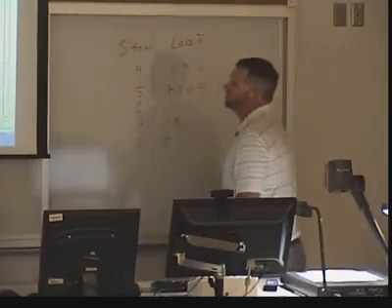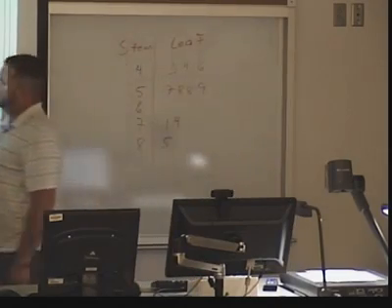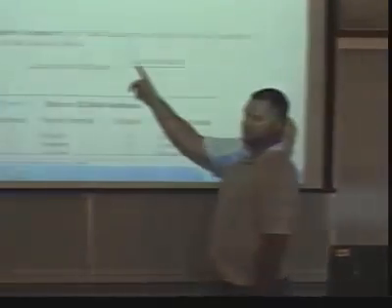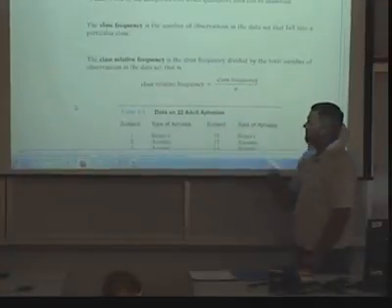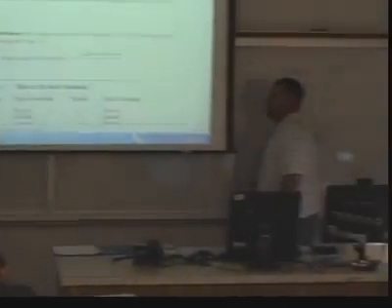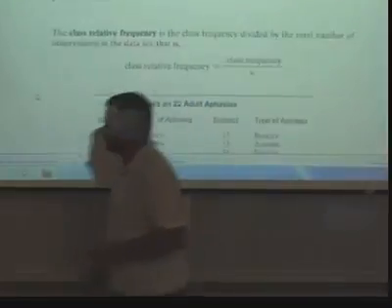Let's look at this formula. I'm asking for how many observations. What's the n value for that case? 50. What's the relative frequency? 0.21.